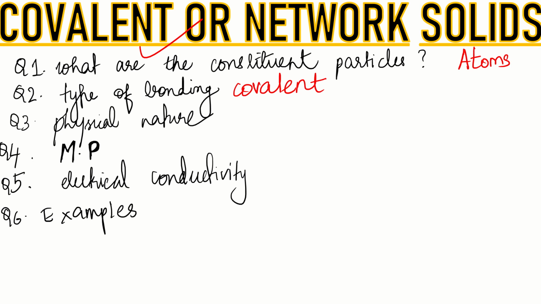Here in the covalent bonding in network solids, the bonds are quite strong and they have a direction. Because they are very strong and directional in nature, the atoms here are held very strongly at their positions.